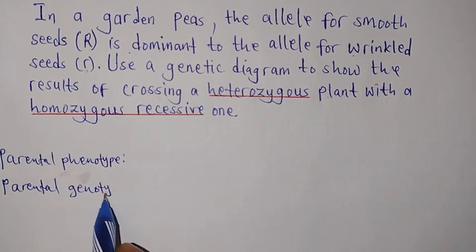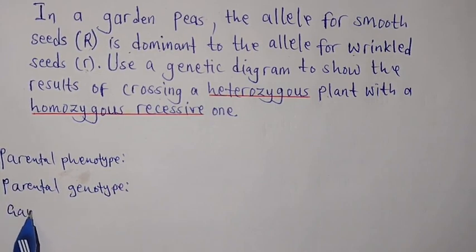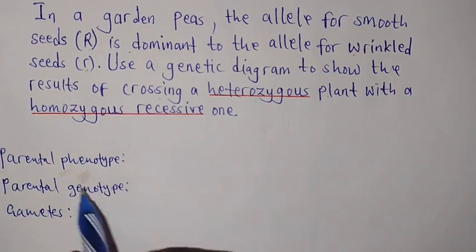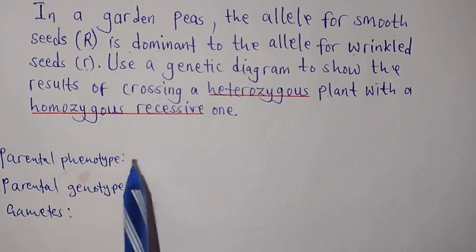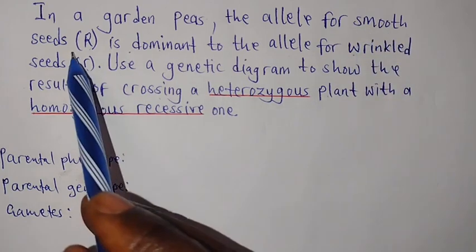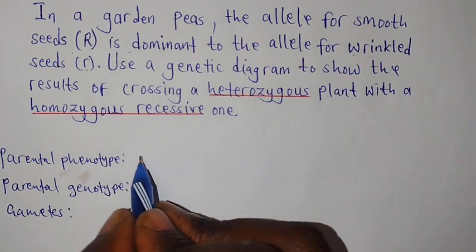Number 3 must have the gametes. Very important. Looking at the information, for the parental phenotype, we are going to cross smooth seed with wrinkled seed.